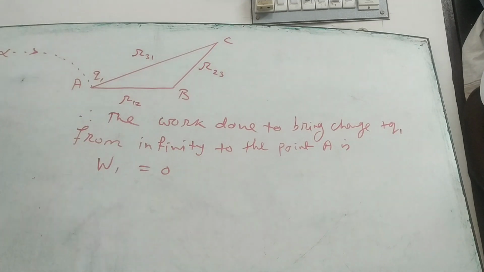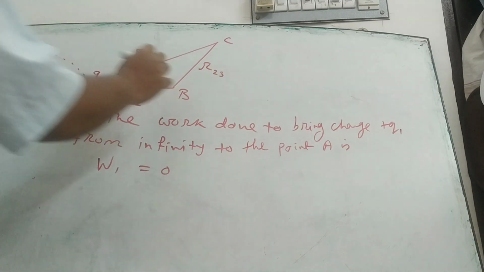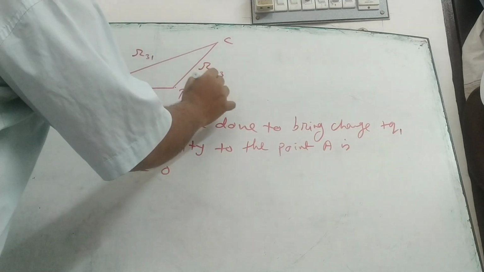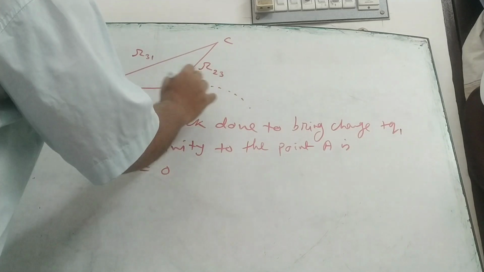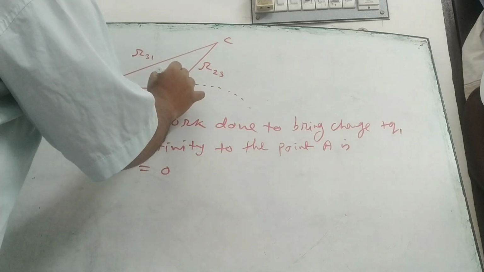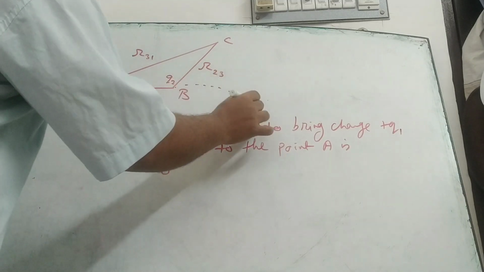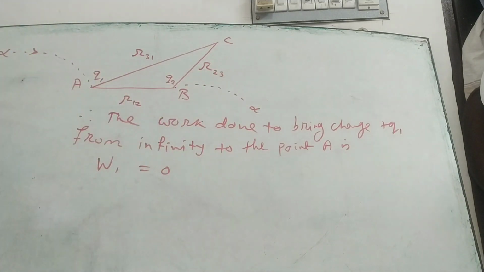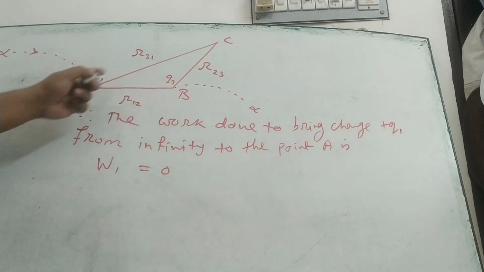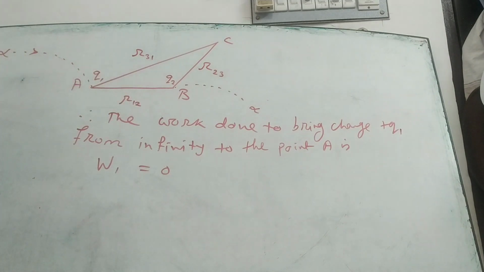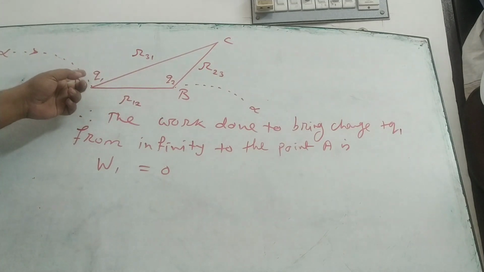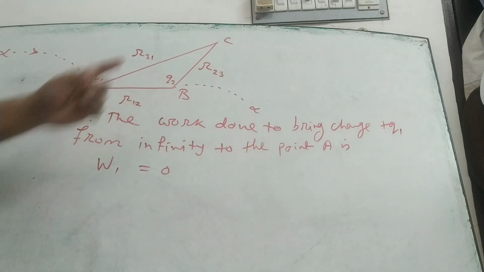Now we bring another charge q2 from infinity to the point B. Here q2 experiences a repulsive force produced by q1.